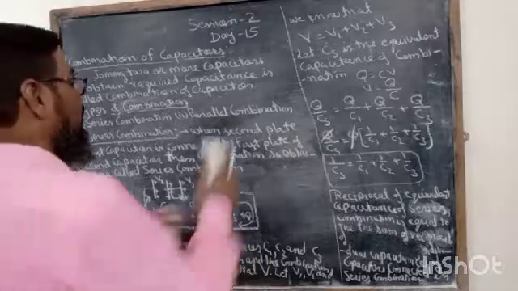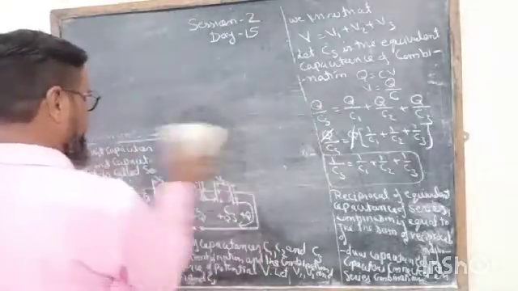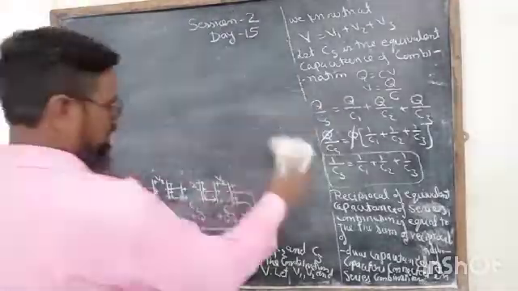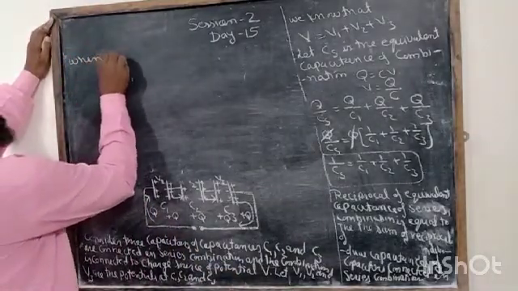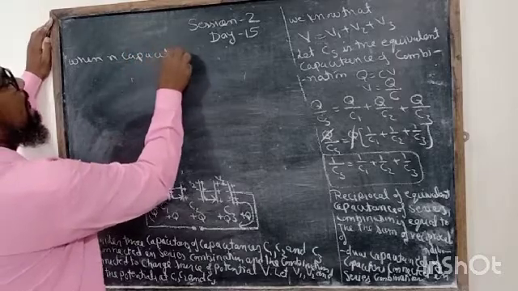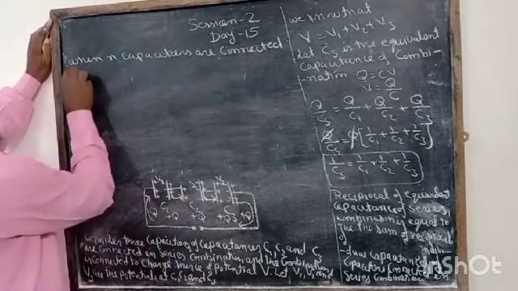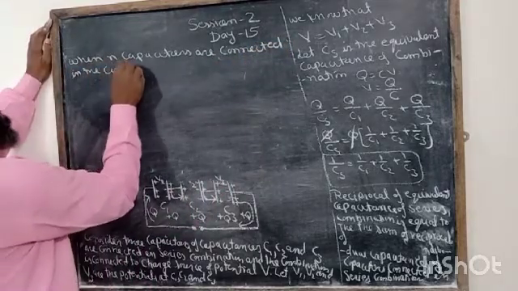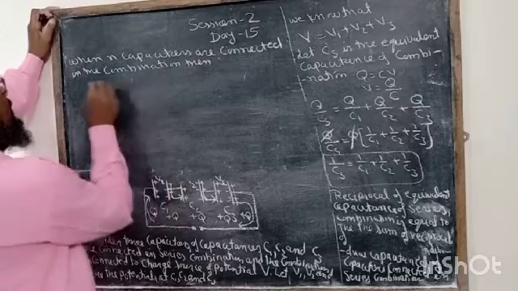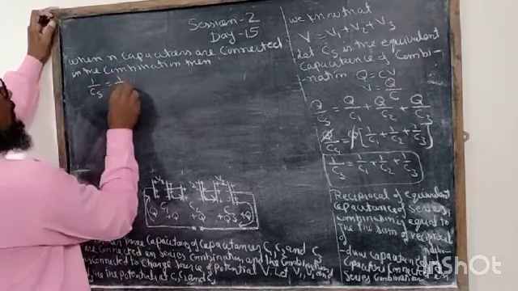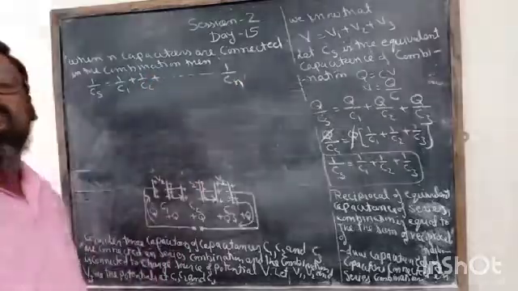Now, if n capacitors are connected in series combination, then 1 upon Cs is equal to 1 upon C1 plus 1 upon C2 plus up to 1 upon Cn.